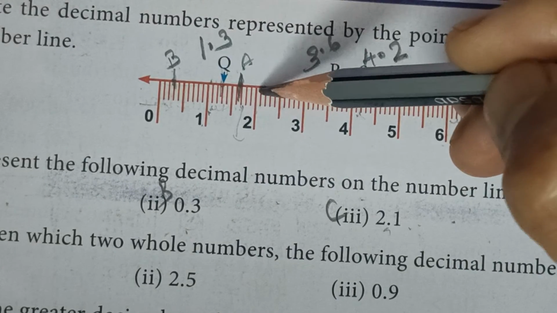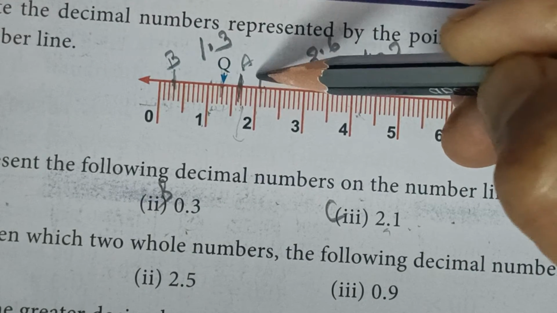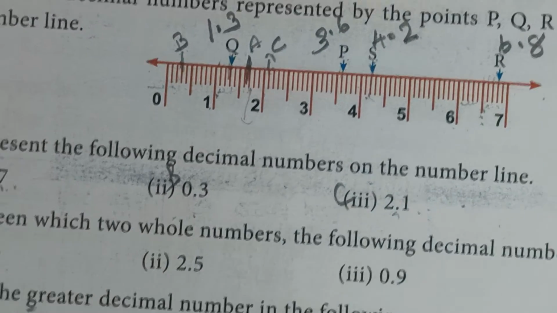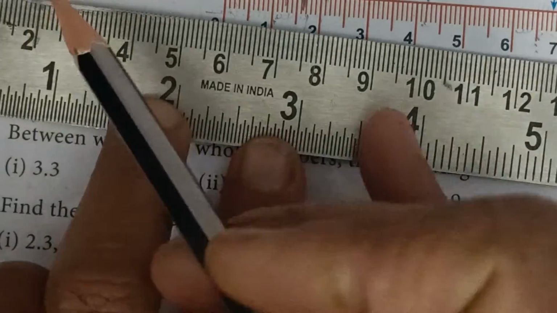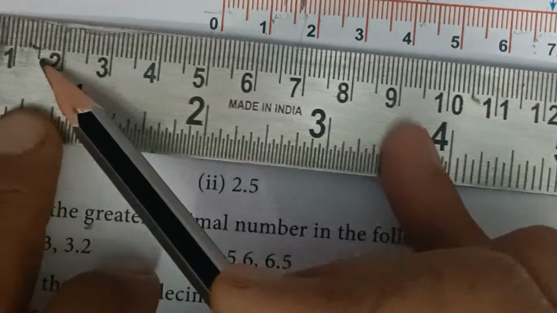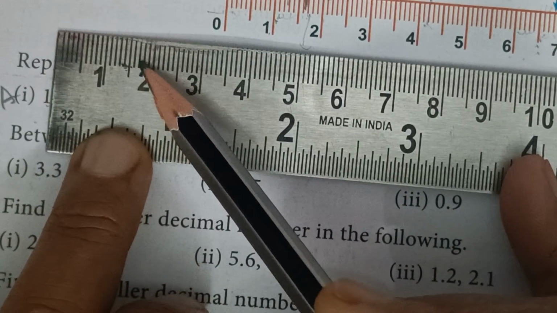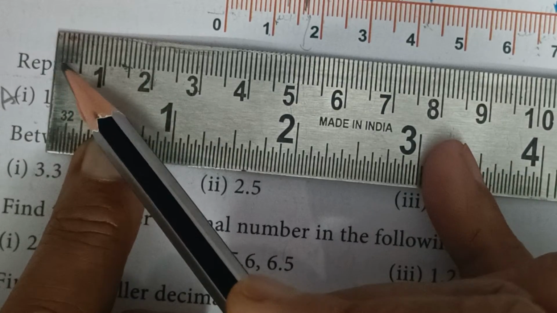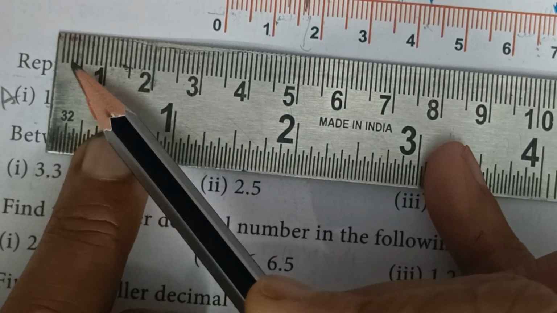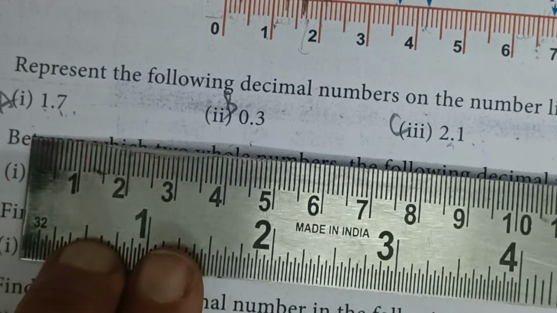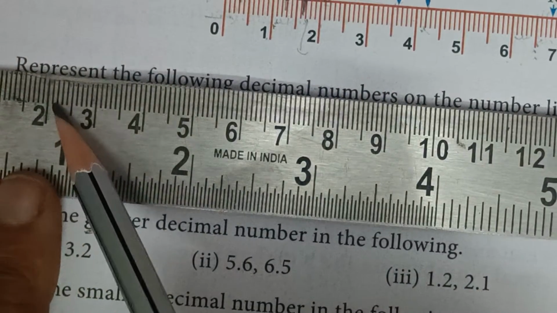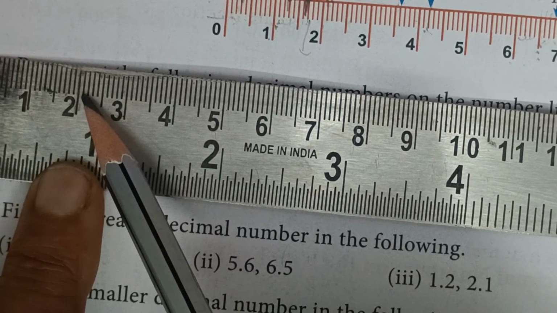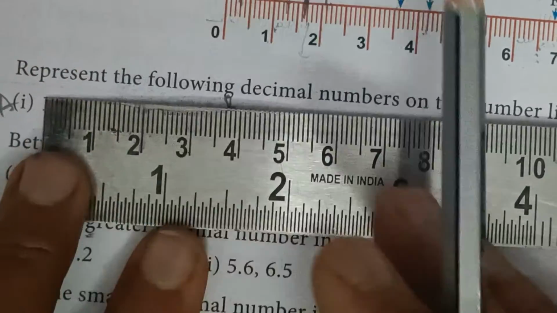We'll mark this as point C. So C represents 2.1. We can see in the ruler itself 1.7: after 1, this is 1.5, then 1.6, 1.7. Then 0.3: after 0, 1, 2, the third line is 0.3. Then the last one, 2.1: after 2, the first small line is 2.1. So you just draw the number line like this.